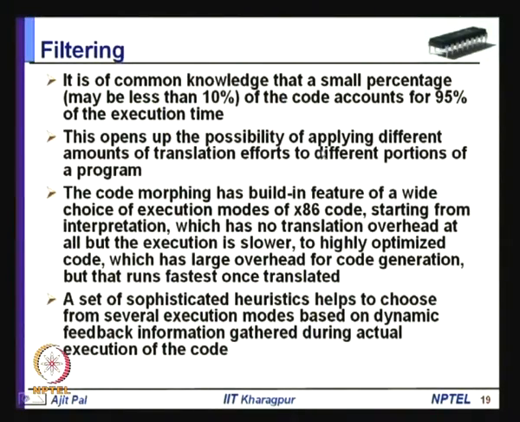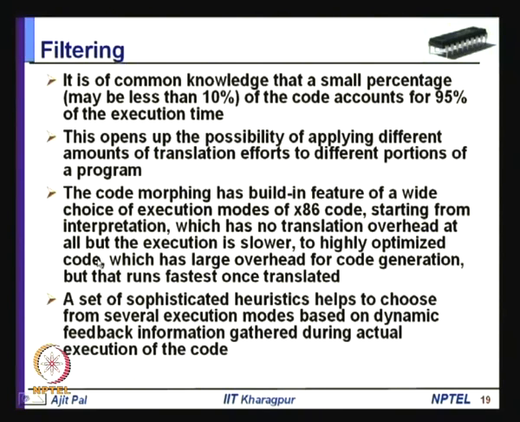So, this opens up the possibility of applying different amounts of translation efforts, that is the efforts for optimization, to different portions of a program. The code morphing software has a built-in feature of a wide choice of execution modes of x86 code, starting from interpretation, which has no translation overhead at all, but the execution is slower, to highly optimized code.